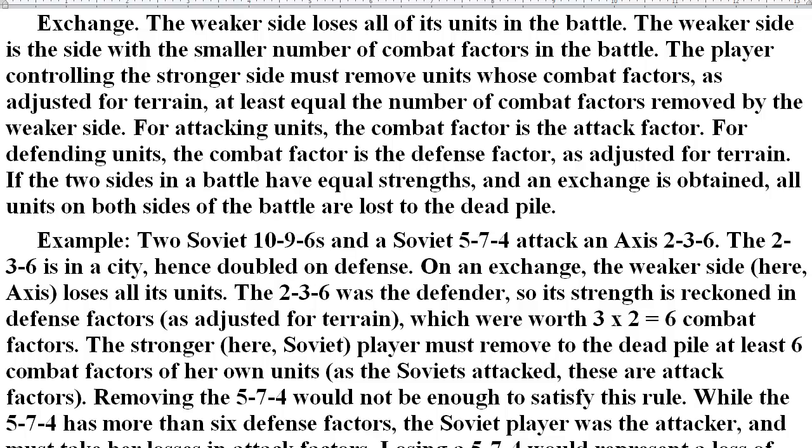The 2-3-6 is doubled, so the defender has lost 6 combat factors. The stronger side must lose at least 6 combat factors. Guess what? A 5-7-4 only has 5 combat factors. Losing the 5-7-4 is not enough.